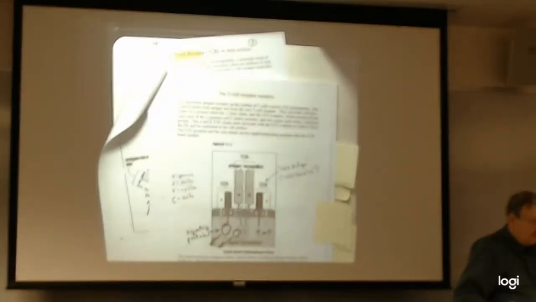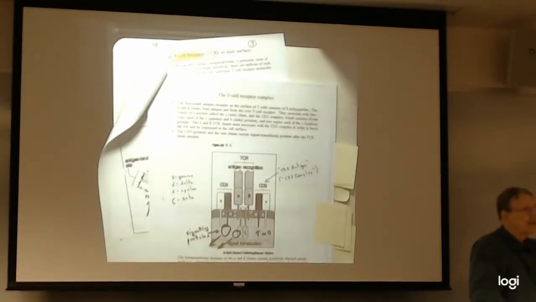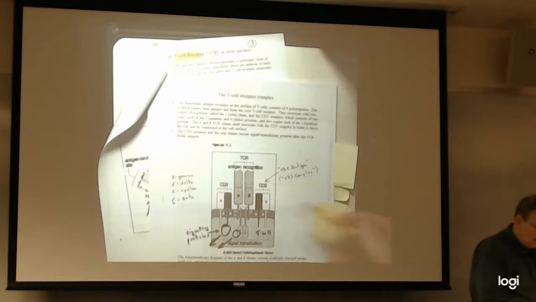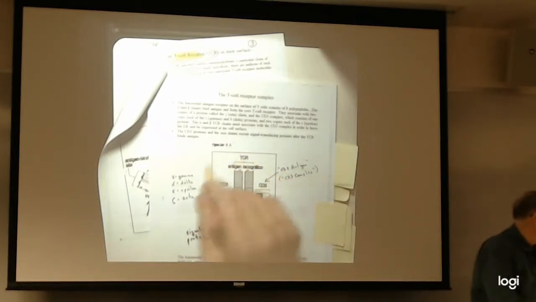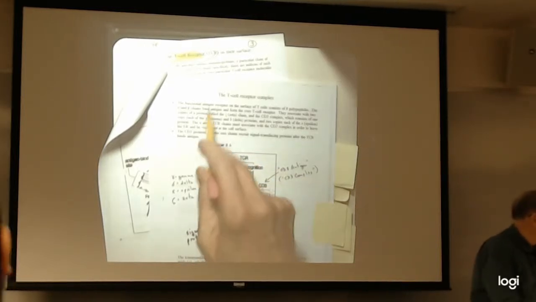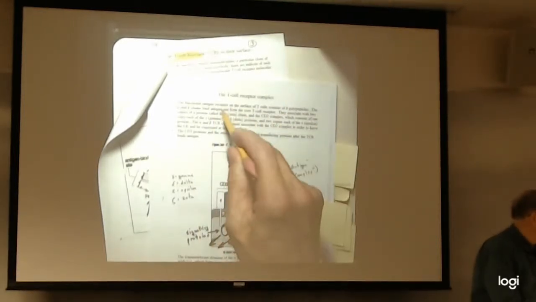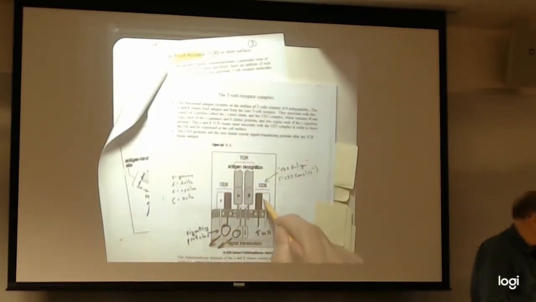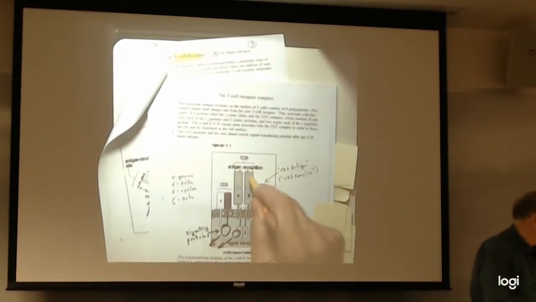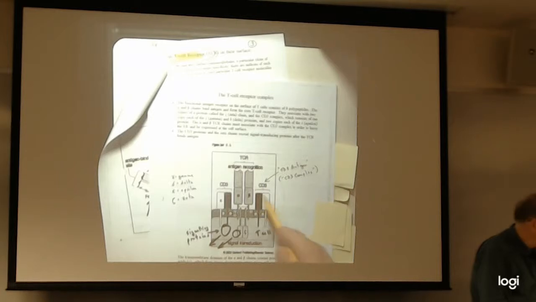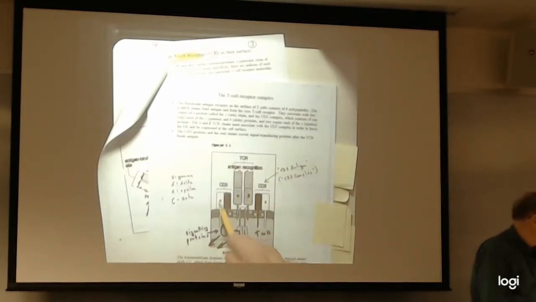And we said that there's a little semantic thing here. When we talk about the T cell receptor, often we mean just the alpha beta chains. But in other contexts, when they say the T cell receptor, they mean this whole complex. We might try to distinguish by calling it the T cell receptor complex, where we have the alpha beta chains plus the so-called CD3 proteins, or the CD3 complex.